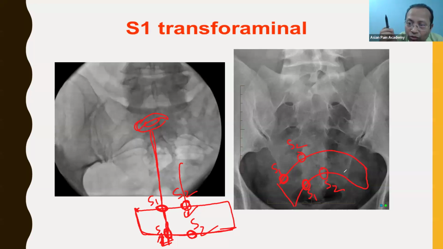So what do we have to do? We have to see this, say S1, through S1 we are going. So we have to make these two S1 in the same line. So we have to see from here, okay? If we need to see from here, then what is the difference? The difference is you have given a head tilt to the X-ray receiver.